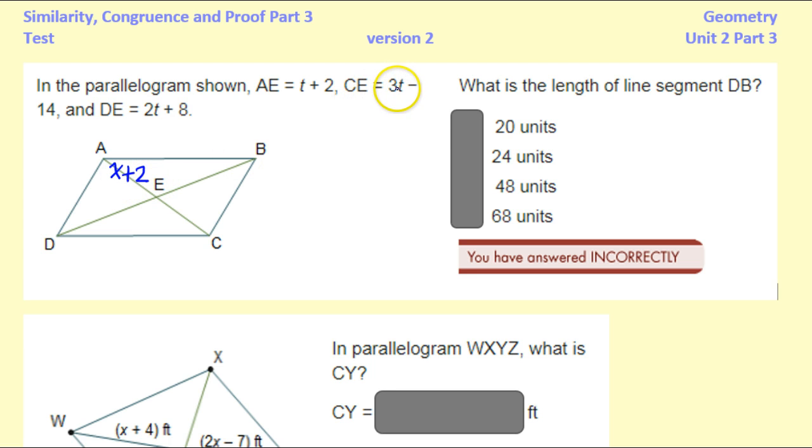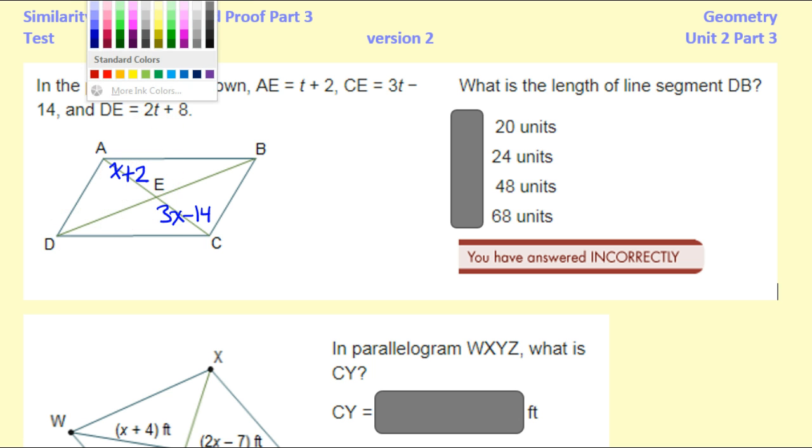CE is 3x minus 14. So this is CE, 3x minus 14. And then we also have an expression for DE, which I'll write in a different color.